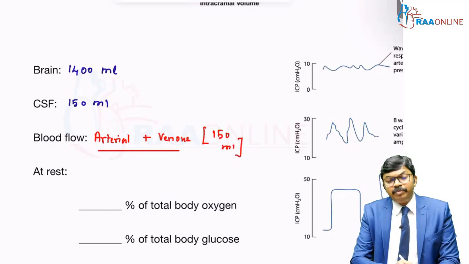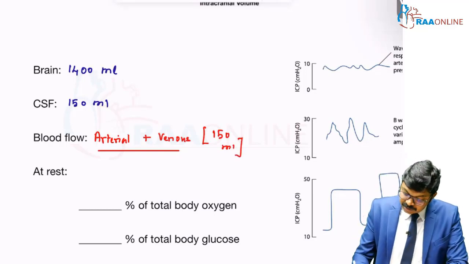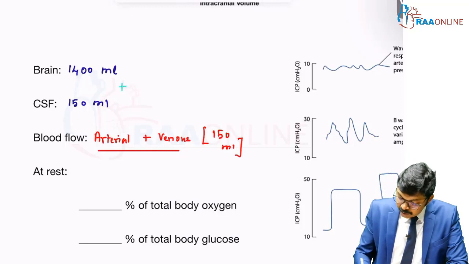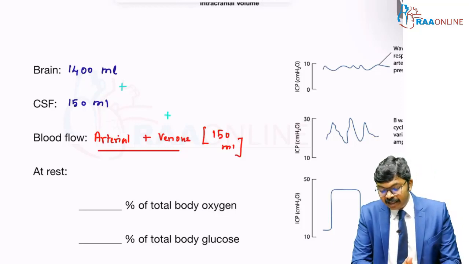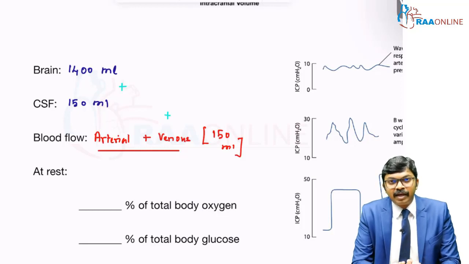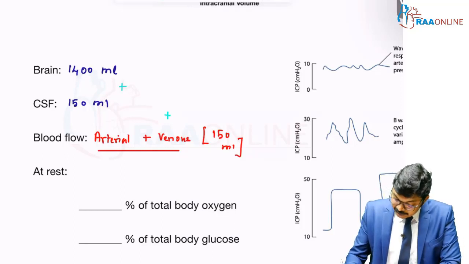So together it is going to be 1700 ml of cranial content, guys: 1400 ml of brain volume, 150 ml of CSF plus 150 ml of blood flow. This 1700 ml of intracranial content is going to generate an intracranial pressure.